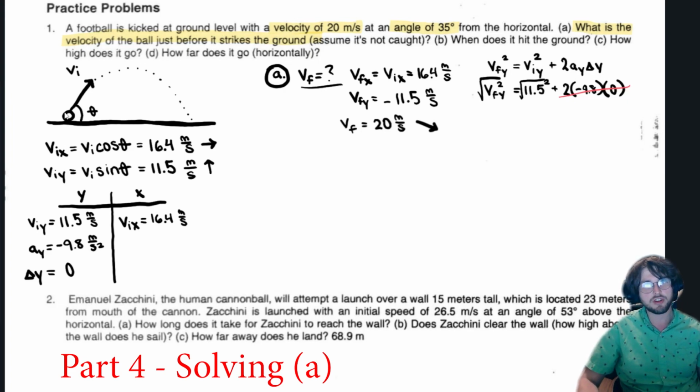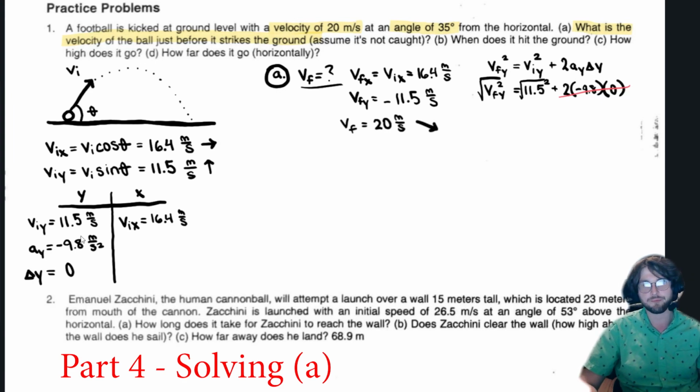But in the context of a ground-to-ground projectile motion problem, it makes perfect sense, because this whole parabola is symmetrical, and gravity is accelerating it at the same rate throughout the whole trajectory. So as this ball travels up to the peak, it then gets accelerated back down for the exact same amount of time, and so its final velocity should match up exactly with what it started at initially.